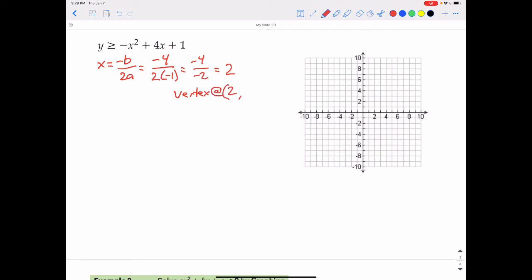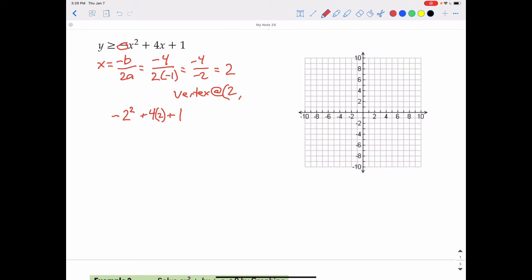And then what is going to be the y value? We'll figure that out by plugging the 2 in for x. Now, this is a tricky part. Notice that there is a negative already part of the original problem, which means you're only plugging in 2 for the x. That's going to be important on the next line. I need to replace that x as well with a 2. So it's negative 2 squared, but the negative was a part of the original problem.